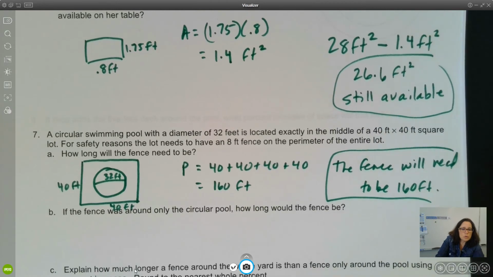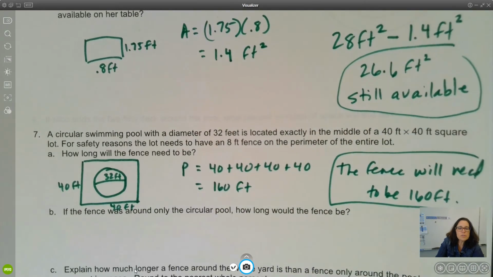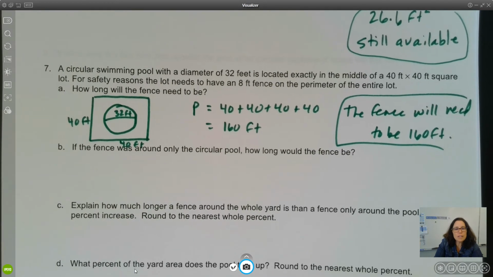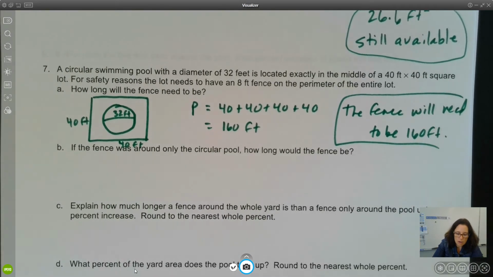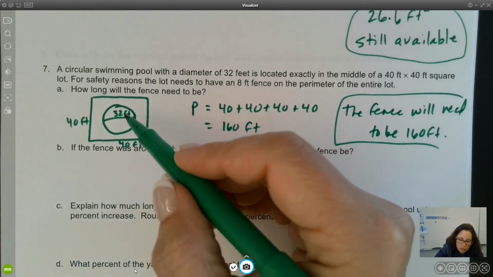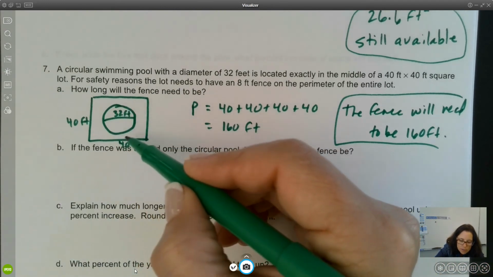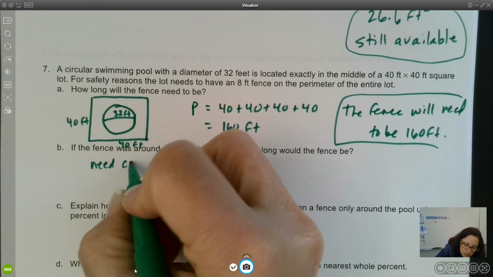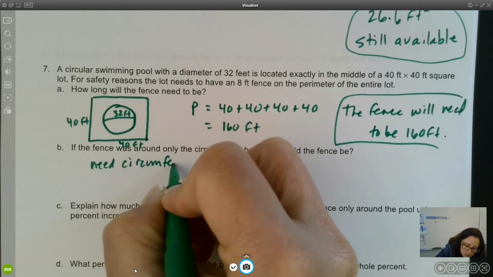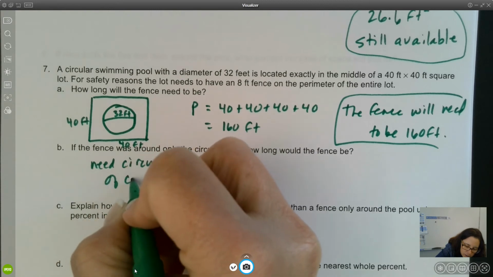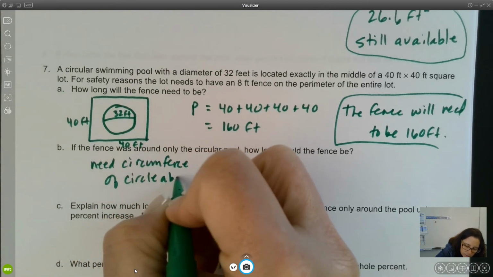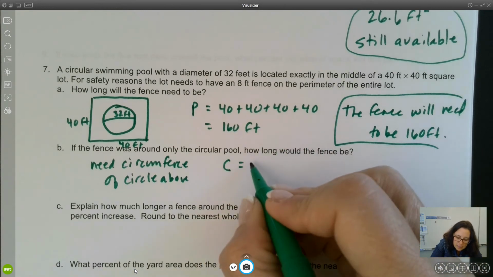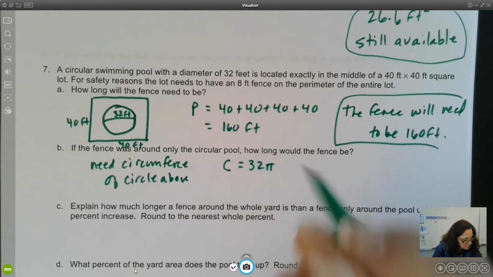If the fence was around only the circular pool, how long would the fence be? All right, well, we're looking then for the circumference of the circle. So I'm going to make a note here, need circumference of circle above. So the circumference is pi d, 32 pi.